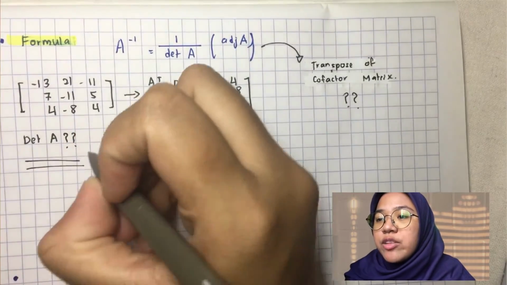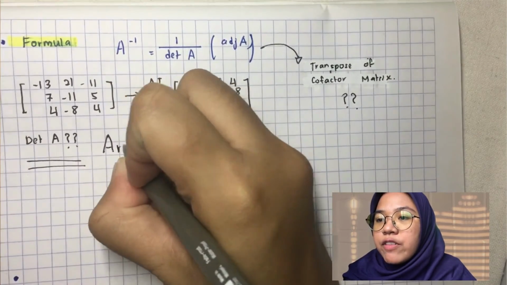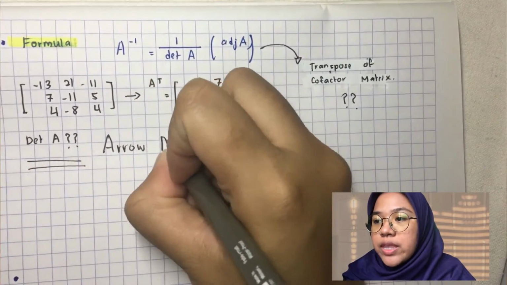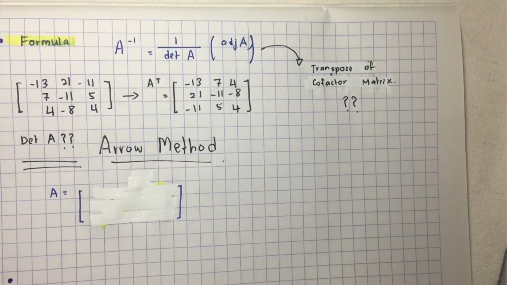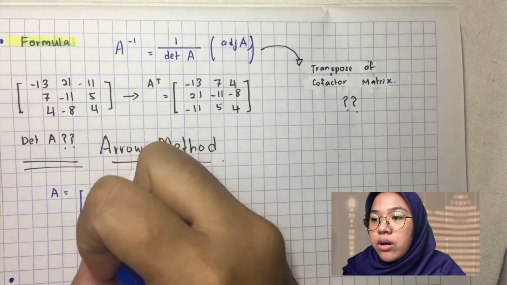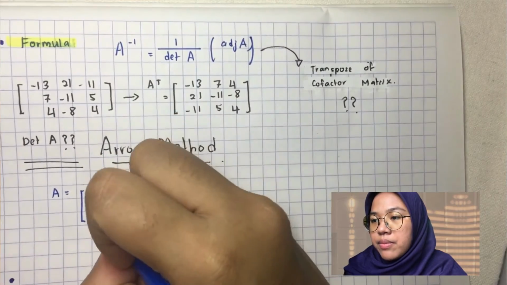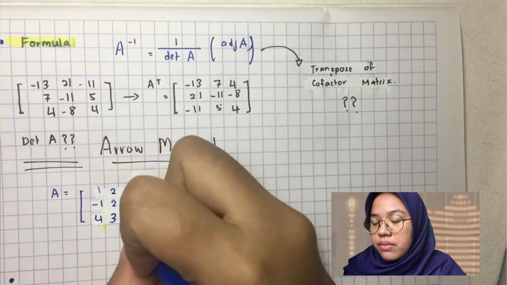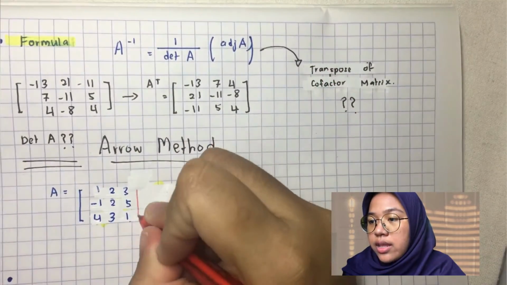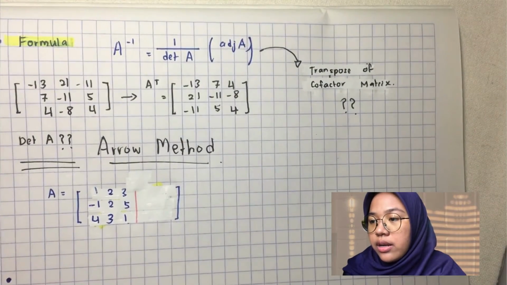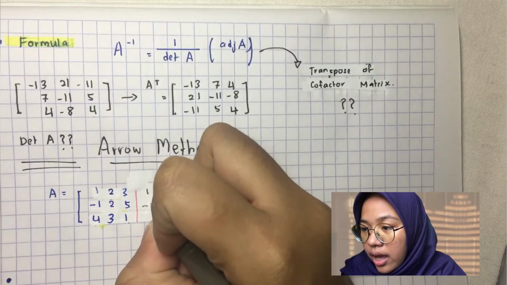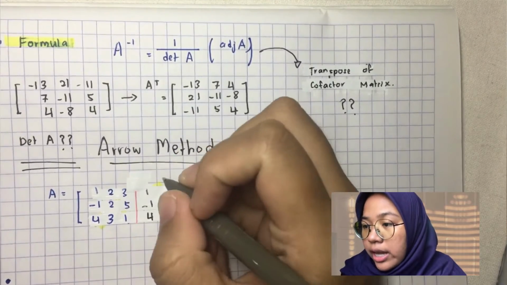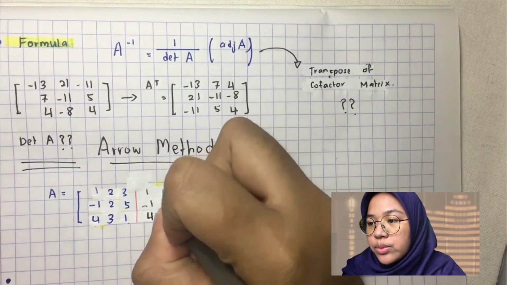But how to find determinant A? We can find determinant A by using arrow method. So we write down all the matrix A, and then we add on column 1 and we add on column 2.